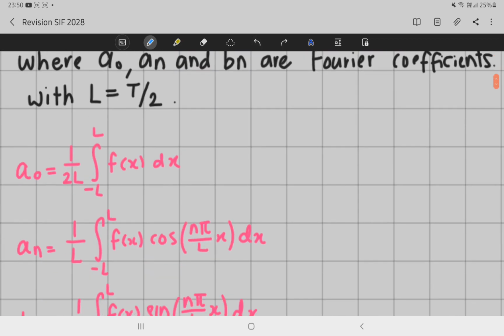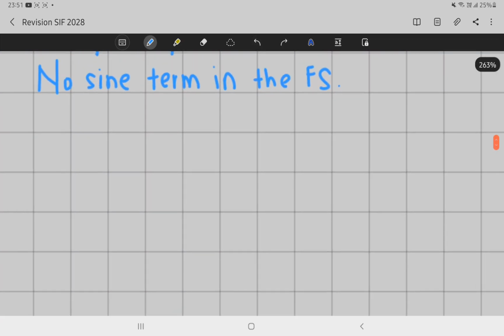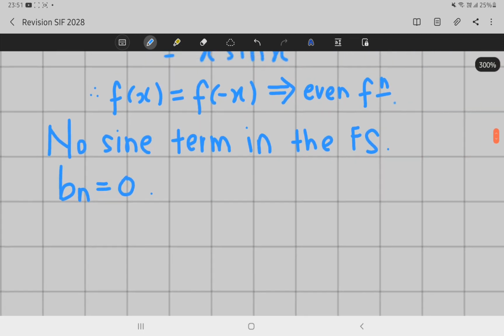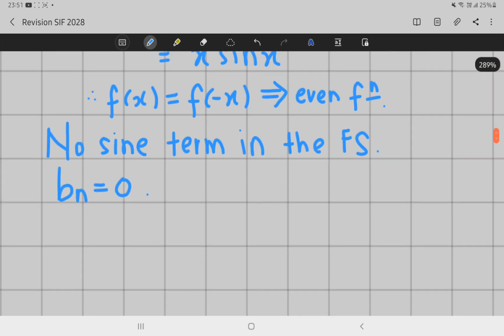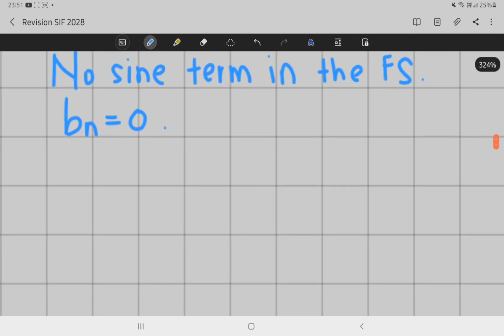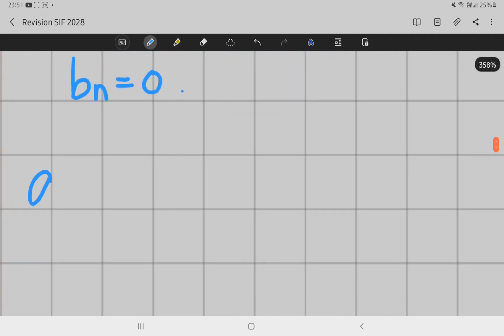So we know that the coefficient b n should be 0 automatically. b n equals 0. So we reduce the calculation work for us, because we don't have to find b n; we already proved that there is no sine term in the Fourier series, because f of x is an even function, right? So we need to find a naught.